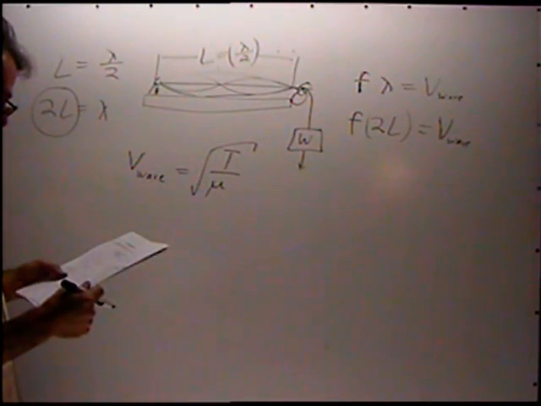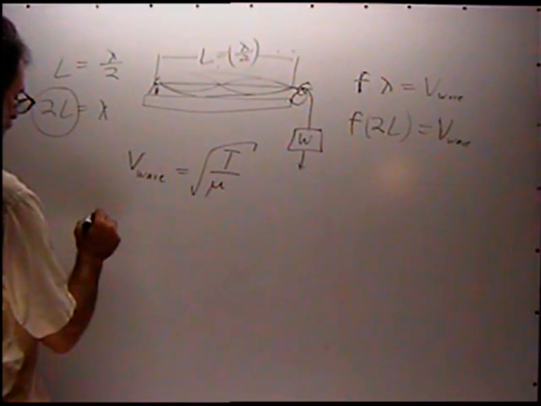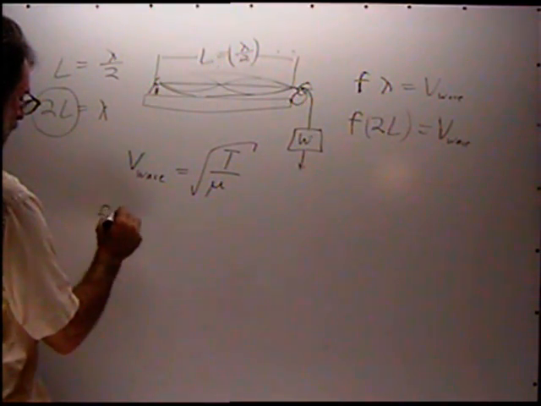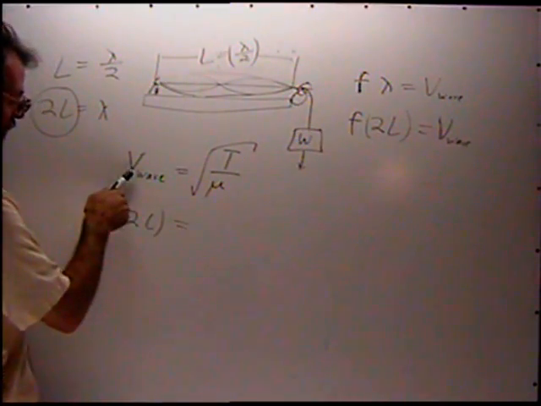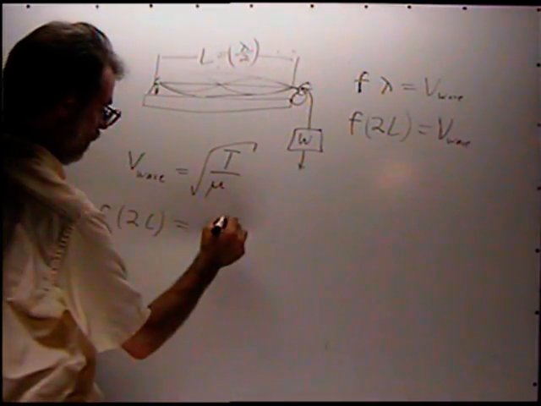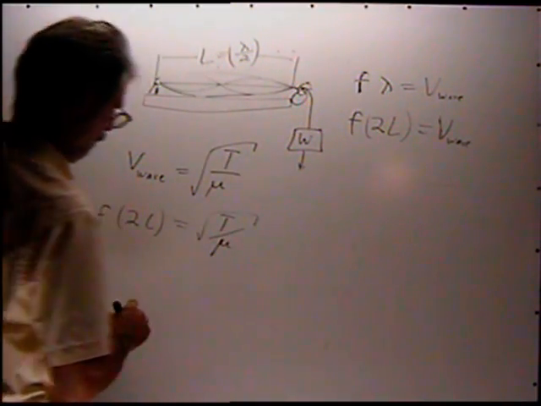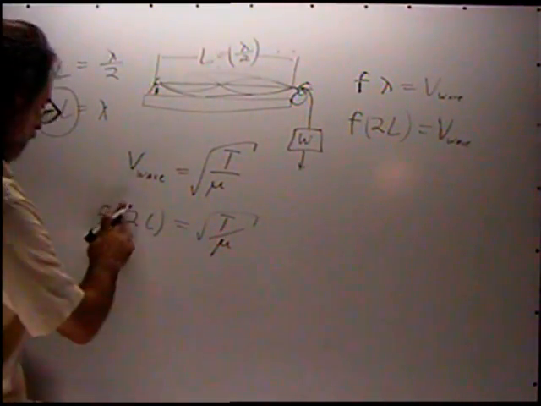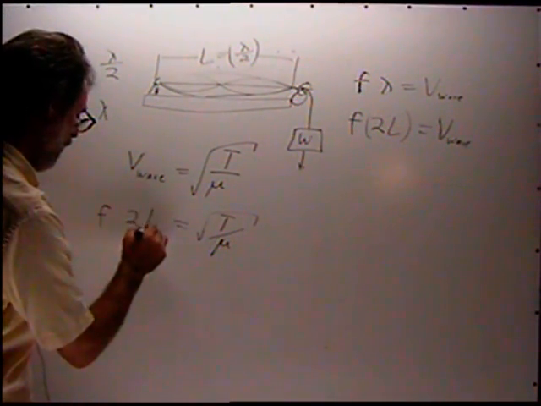So now I'm going to plug all this in. Frequency times 2L, all of this is the velocity of the wave, and it equals the square root of T over mu. That's F times L times 2.